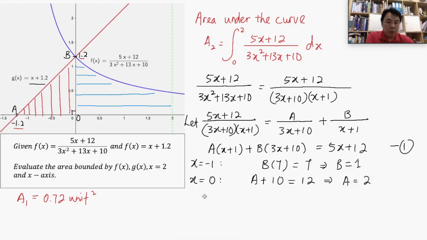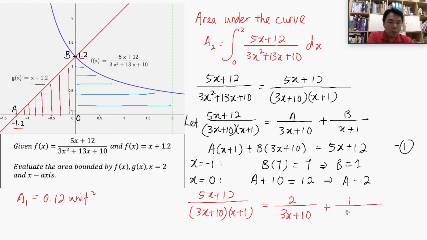And then from here, we conclude that the partial fraction for (5x + 12) over (3x + 10)(x + 1) is equal to 2 over (3x + 10) plus 1 over (x + 1).